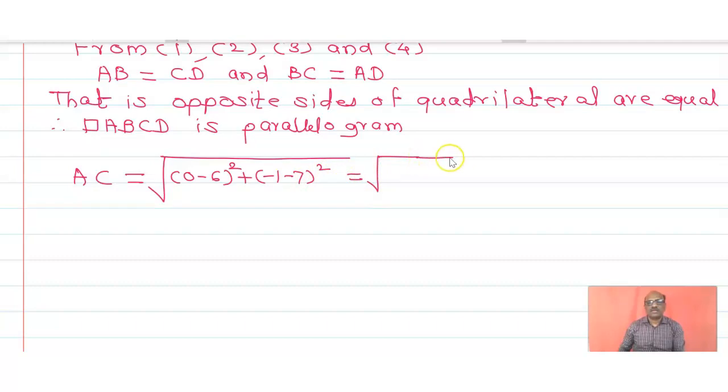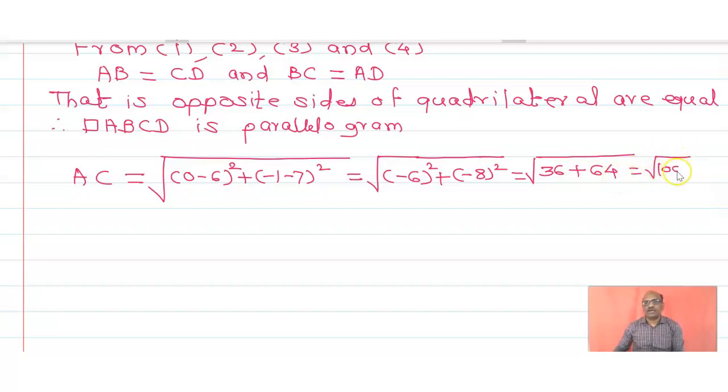And here, minus 6 squared plus minus 8 squared. Minus 6 squared is 36, minus 8 squared is 64, and that is equal to the root of 100, and that is 10. Therefore, AC is equal to 10.